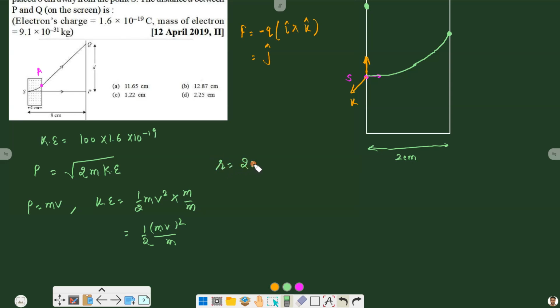So the radius will be root of 2m times kinetic energy divided by qB.